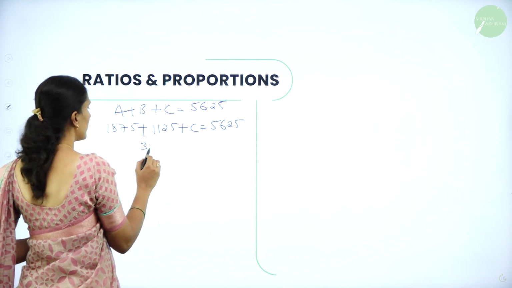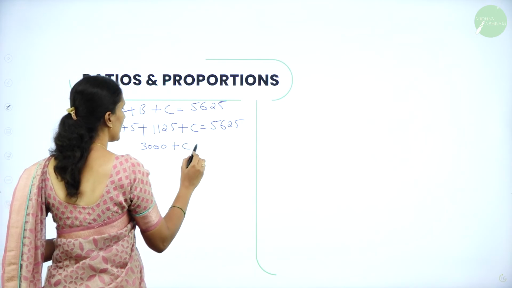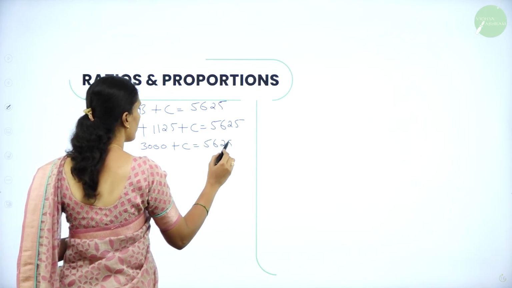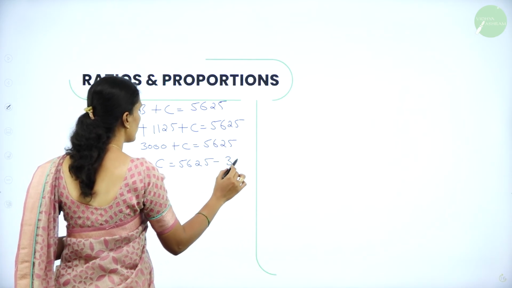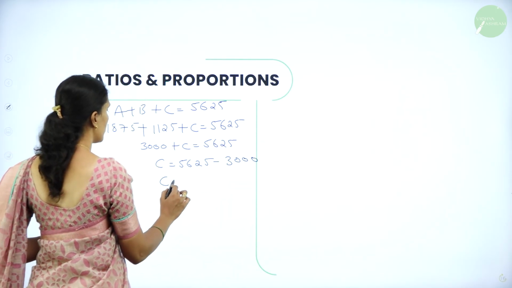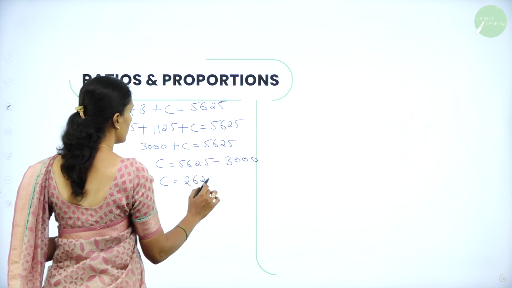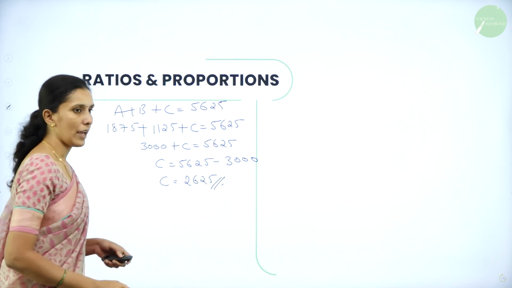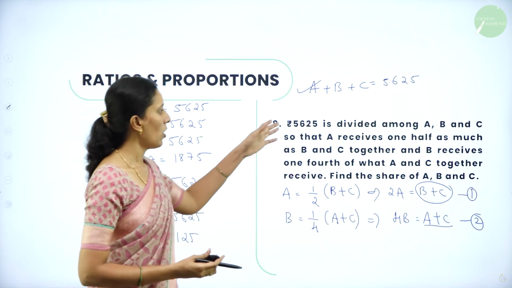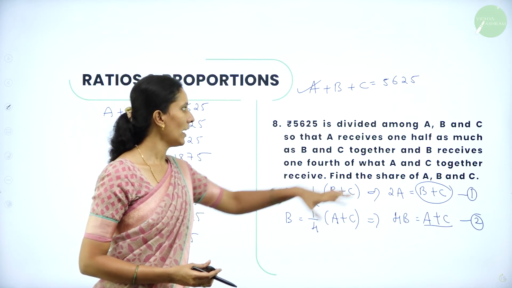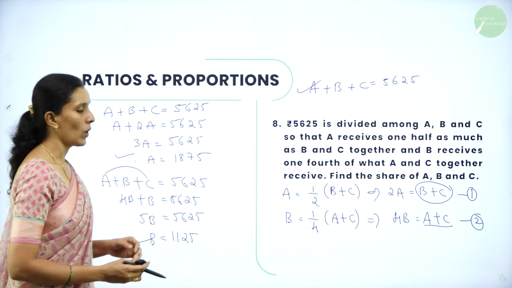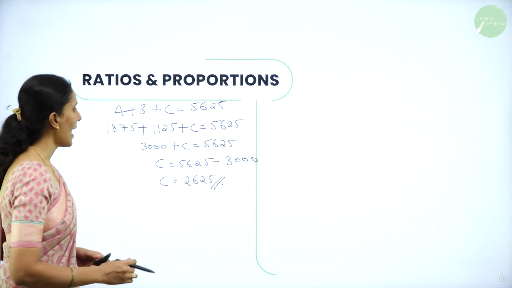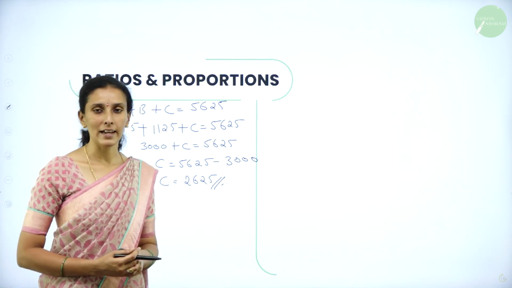So this is 3,000 plus C is equal to 5,625. C is equal to 5,625 minus 3,000, which is 2,625. So therefore, the amount is divided among A, B, C, where A gets 1,875 rupees, B gets 1,125 rupees and C gets 2,625 rupees.